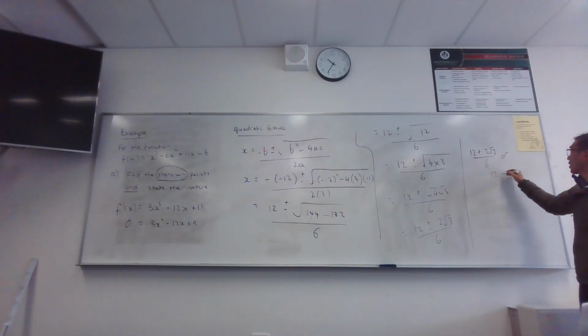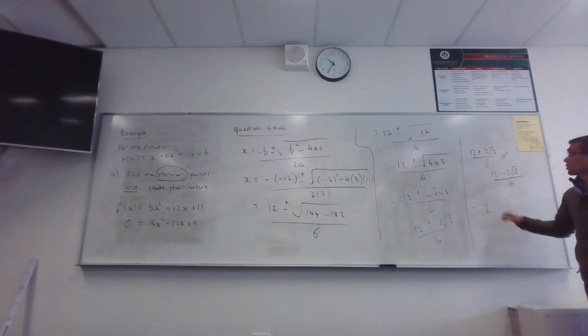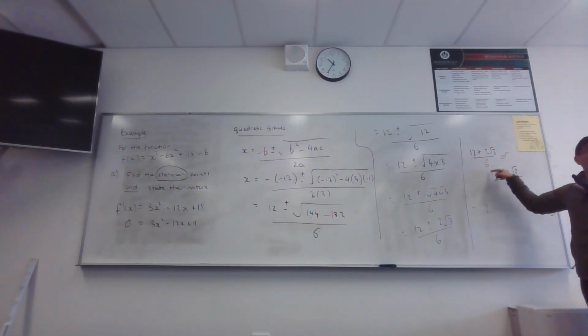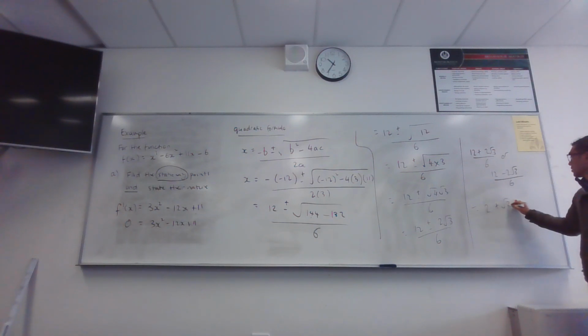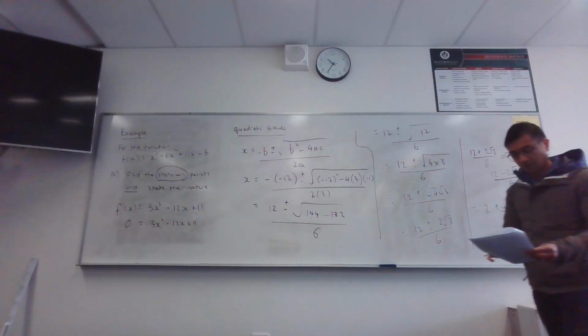If you miss the other one, you miss half the marks. Okay. 12 on 6 is a 2. 2 on 6 is a 1 on 3. Like that. That 3 only belongs to the second one.